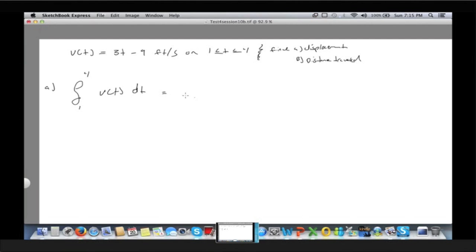So we need to find the antiderivative of v(t). Okay, so the antiderivative is 3/2 t squared minus 9t, from 1 to 4.